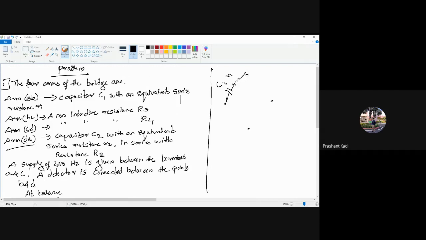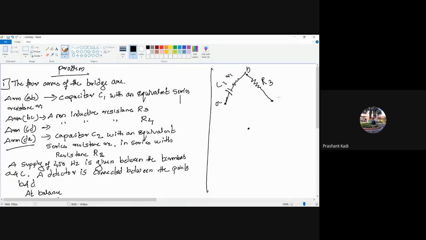So next is arm BC. This is A, this is B. So BC, this one. This is resistance R3, a non-inductive resistance R3.